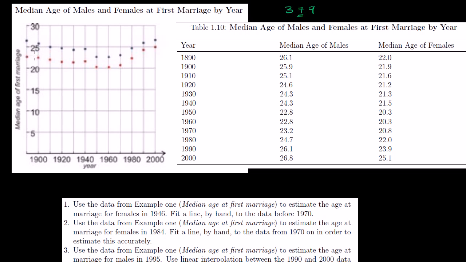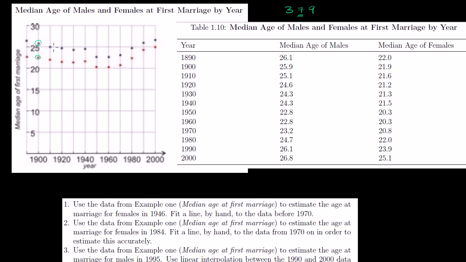If we look at 1900, the average man was getting married, or not the average, the median male. The middle man was getting married at a little over 25, almost 26, while the median woman was getting married at around 22 or 23 years old.